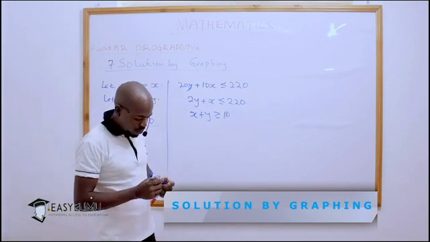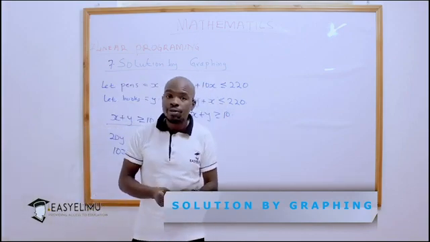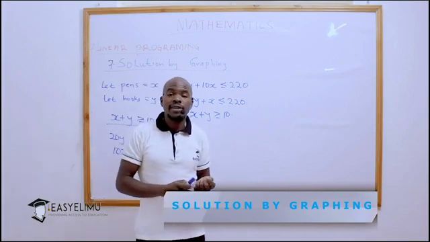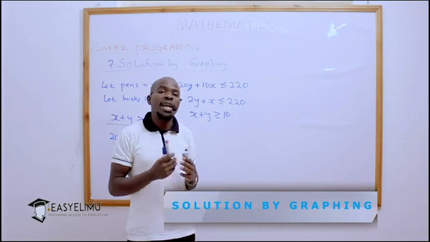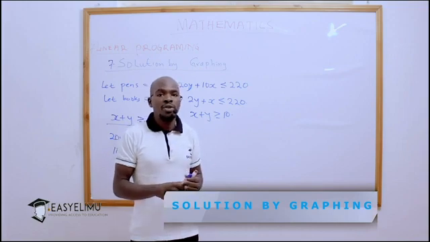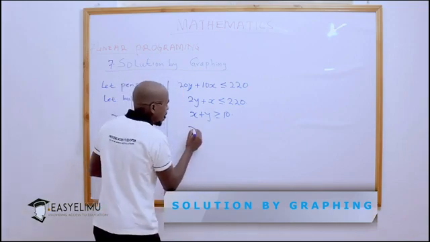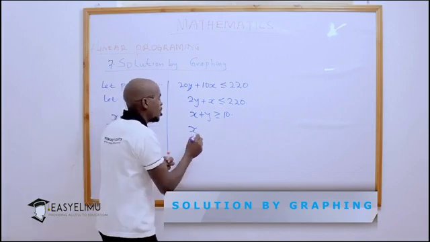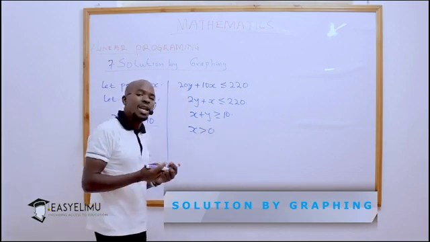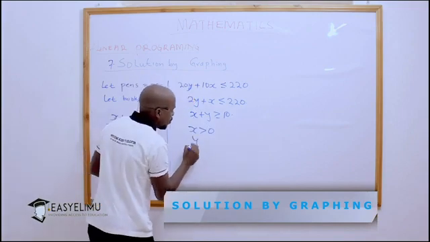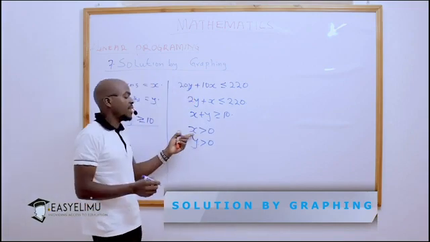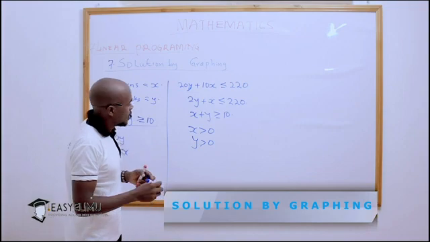But from the description, we can comfortably say that if you go to purchase an item, you will at least purchase something. So the number of books purchased will be greater than 0, and the same applies to the number of pens.